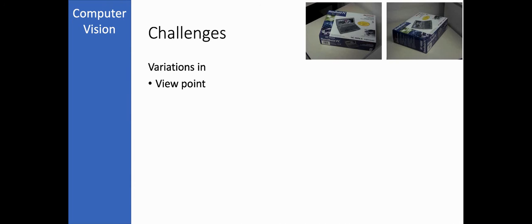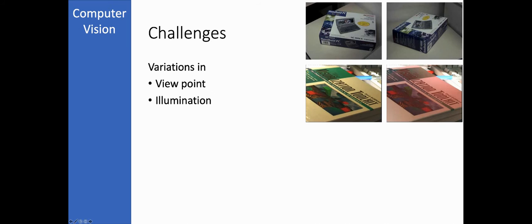So the challenges in recognition, or as we discuss today in feature extraction, are differences in viewpoints. We can have the same object viewed in different viewpoints, and we want to be able to extract features that are useful to recognize this object even in this variation. Variations in illumination will happen. You can have the same scene under different lighting conditions.